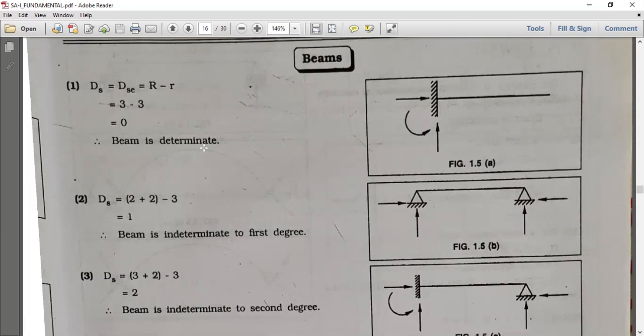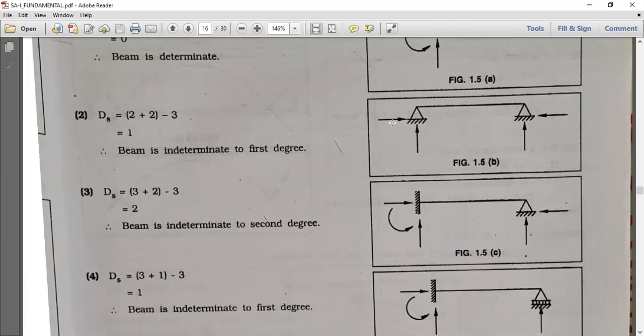So the beam is determinate. Now the second, both sides are simply supported. For simply supported, there are two reactions, 1, 2 and 1, 2. That's why 4 and the conditions are 3. We get that the beam is indeterminate to the first degree.